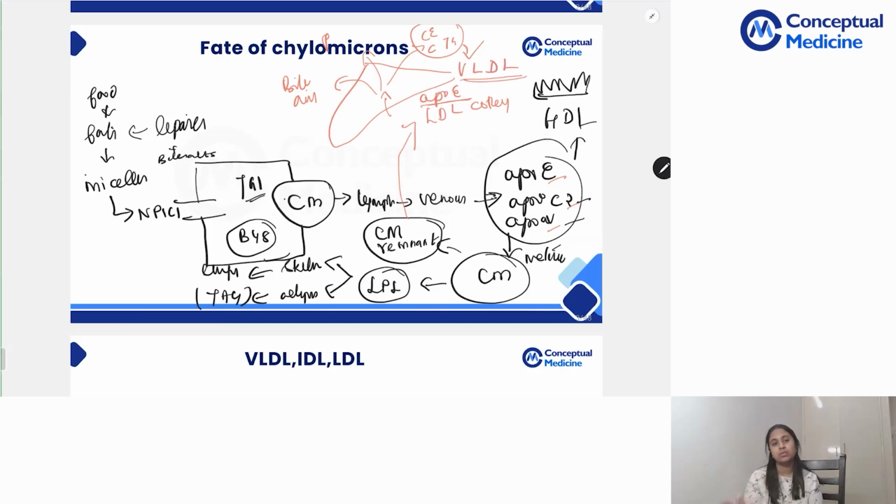So in VLDL formation, it will utilize all these. This is how a chylomicron undergoes its own fate.